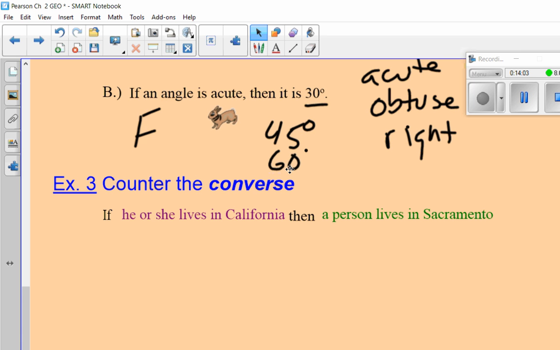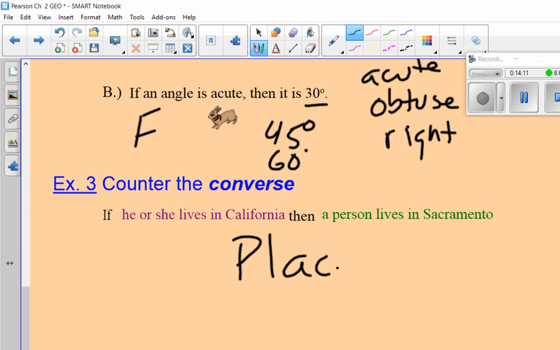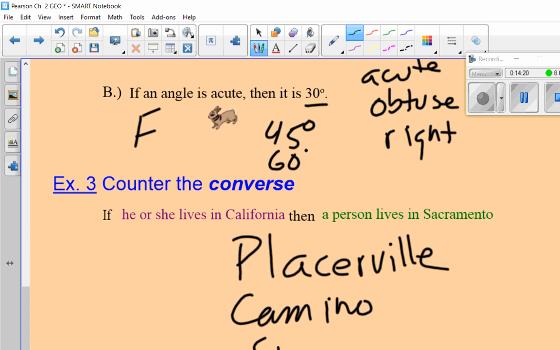Is that converse true? And it's not. You guys and me and everybody else that's watching today, some of us are from Placerville, some of us are from Camino, some of us are in Swansboro, Pollock Pines, and other places around here.